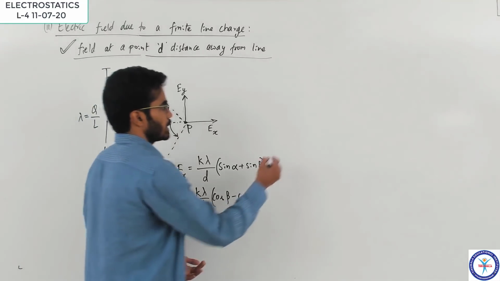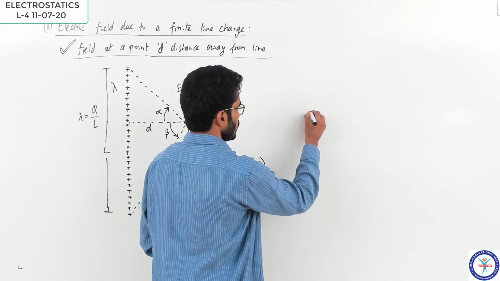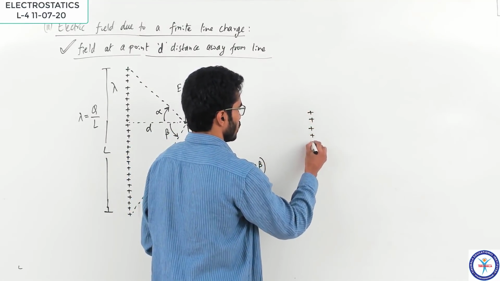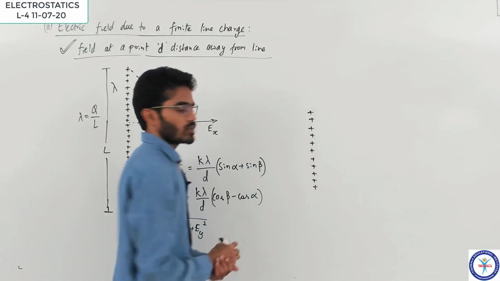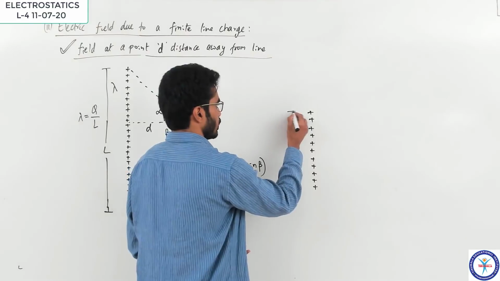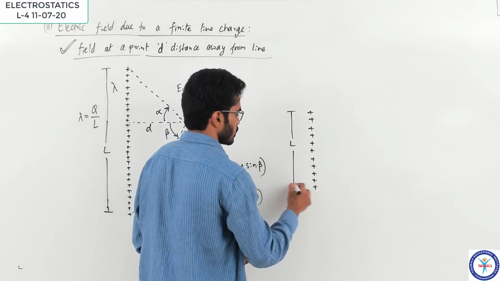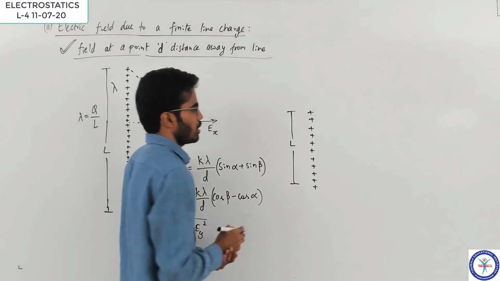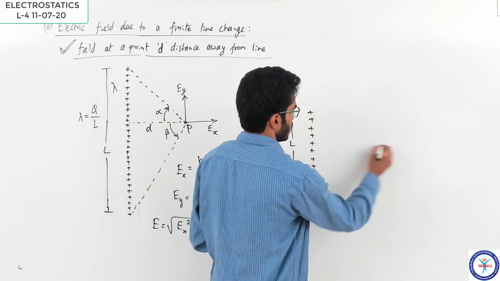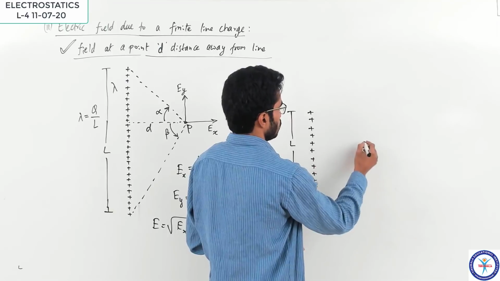So let us take an example. Let us say there is a charge distribution of certain length L. The question is like this: a finite charge, and you have to calculate the field at a point. It is at a distance of some x units.